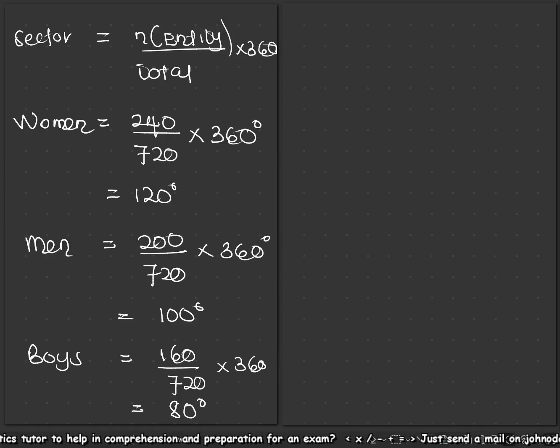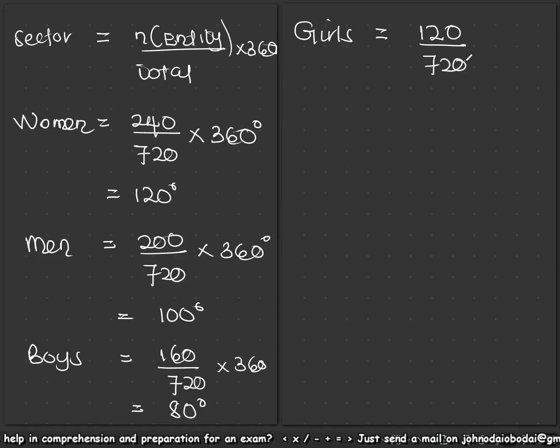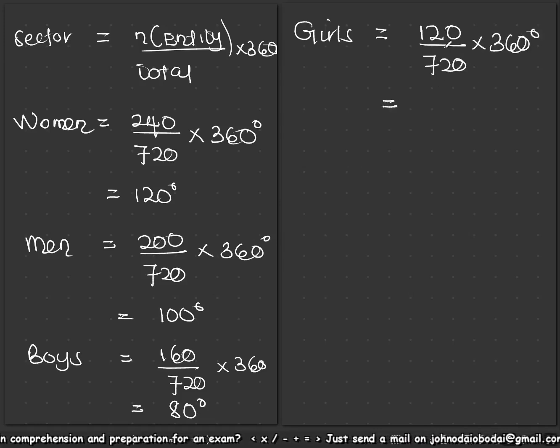Then for the very last one, the sector that will represent girls, there were 120 girls. So 120 over 720, then times 360. Evaluating that gives us 60 degrees.